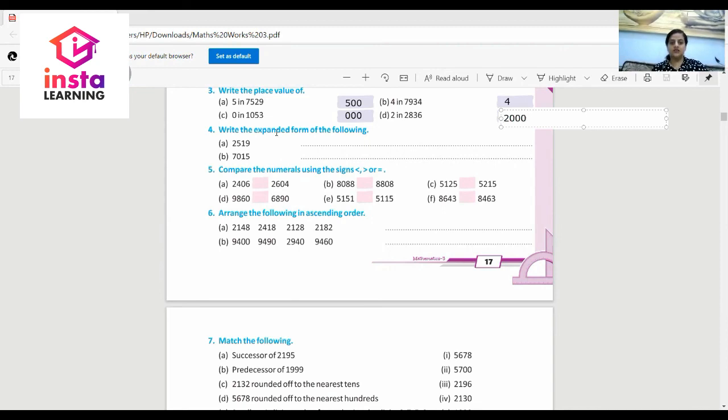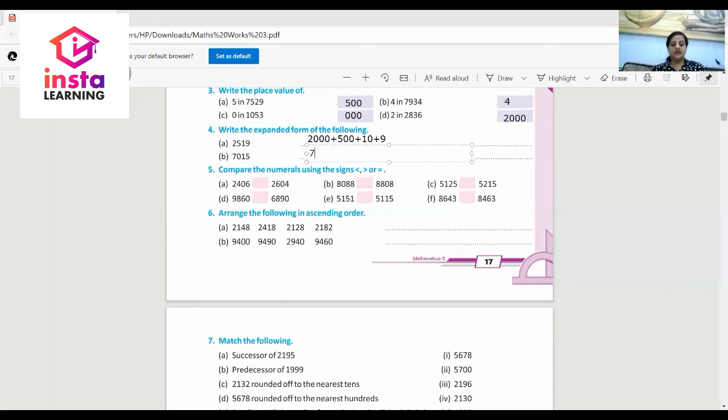This is the answer. Now we are going to do expanded form. That is 2000, then we add 500, then again the add sign, then 10, then again the add sign, then 9. This will be the expanded form of 2519.